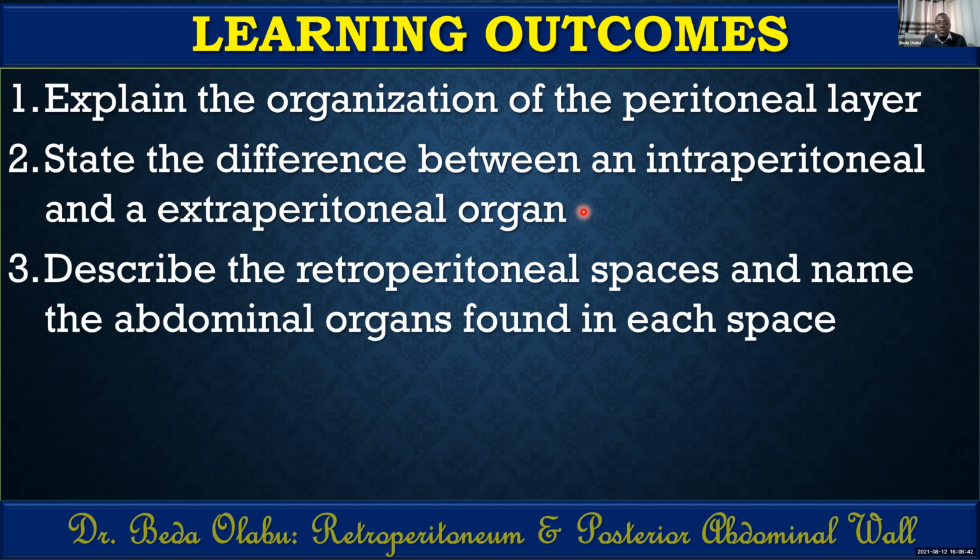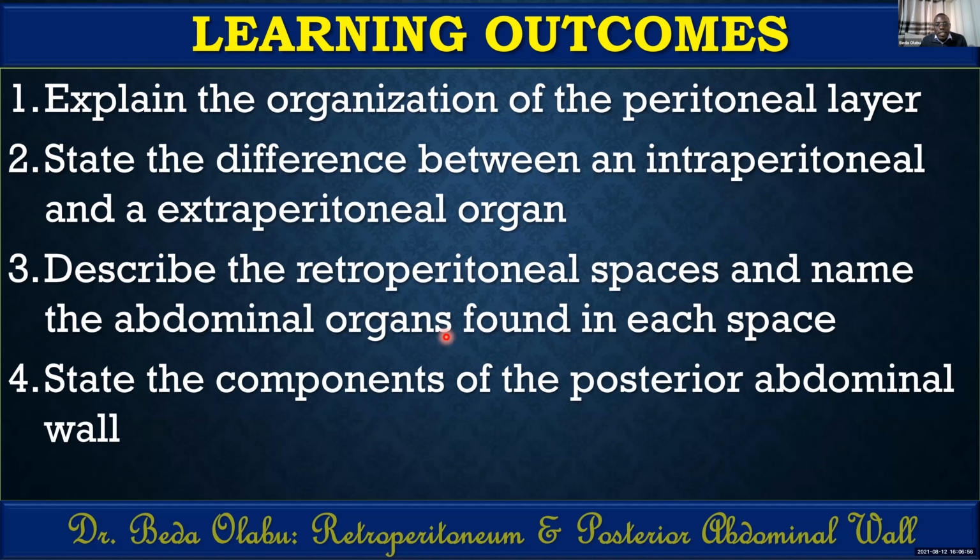After that, we will describe the retroperitoneal spaces. And then we'll name the abdominal organs which are found in each of those retroperitoneal spaces. And lastly, we will talk about the components of the posterior abdominal wall.